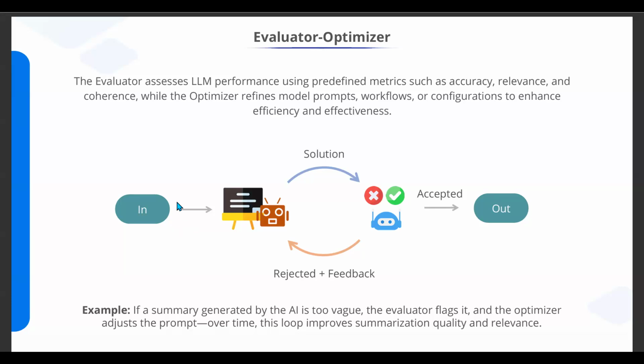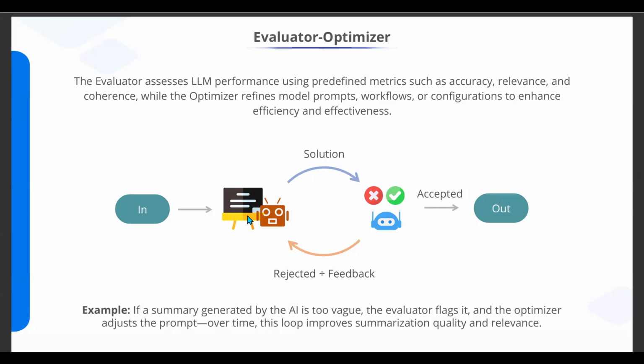It may modify the prompt, adjust the workflow, and regenerate the output. Based on the evaluator feedback, whether it is rejected or approved, if it is accepted, you'll get the output. If it is rejected, it gives feedback to the optimizer, and the optimizer will modify the prompt or do the necessary things and improve it.